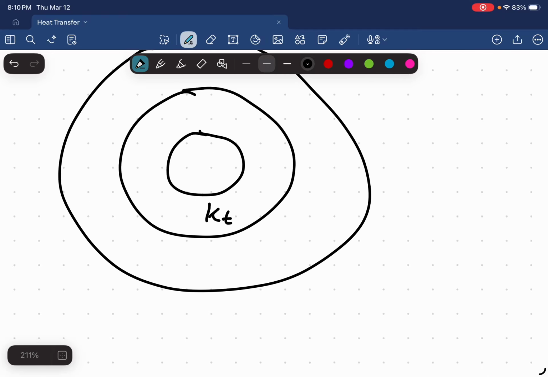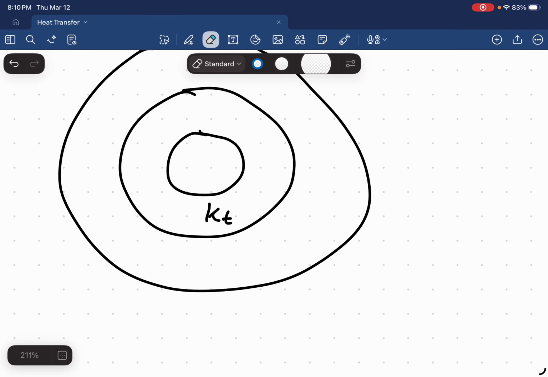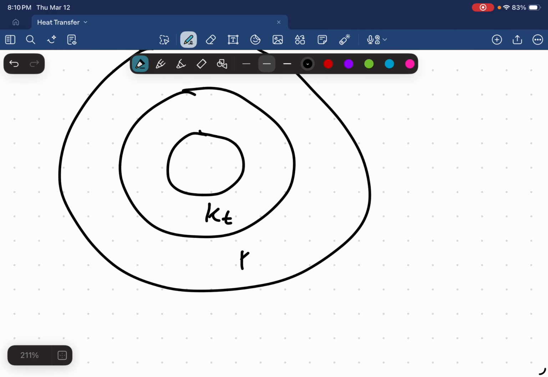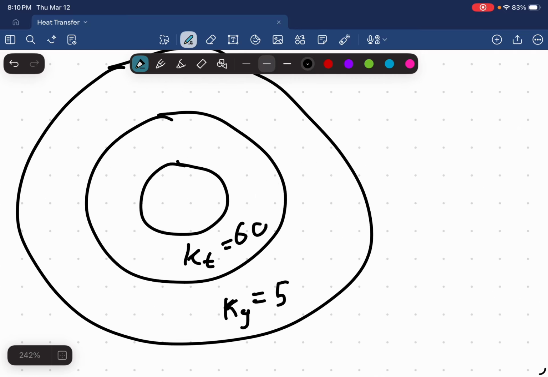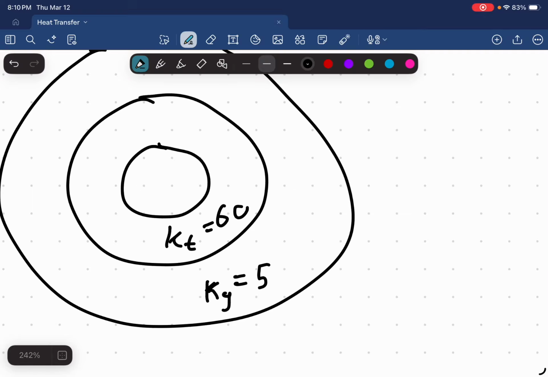Where KT is going to be the thermal conductivity of some metal, and Kg will be another. Actually, let's keep it arbitrary with no numbers.